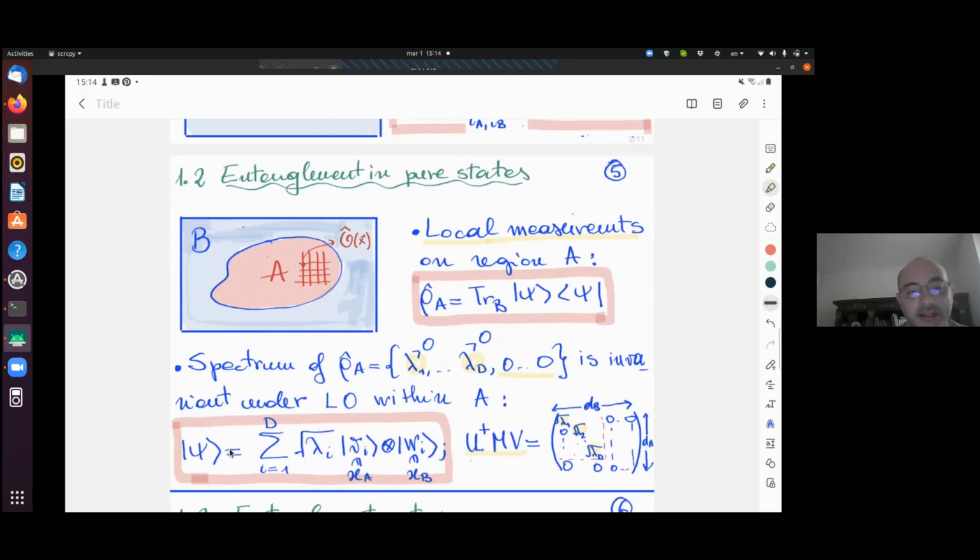Okay, so basically the state psi at this point can be written as a linear superposition of states which have the same indices.